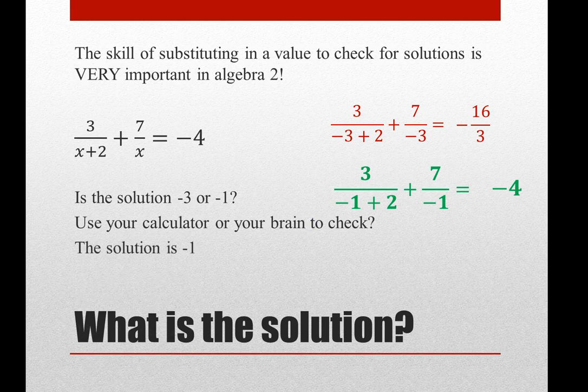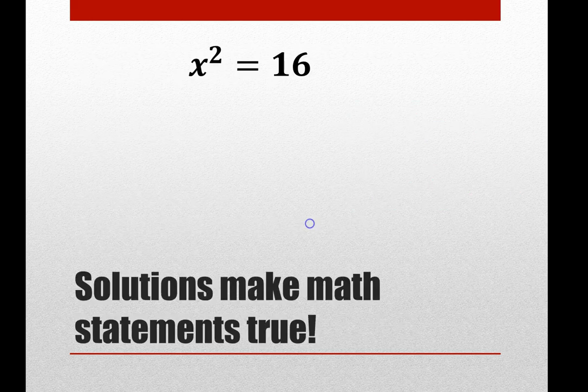I know that the solution to this problem is -1, and I know it's a solution because it made the equation true. So are we sure we understand what is a solution? A solution makes it true. All right? So we have our definition now. Solutions make math statements true.